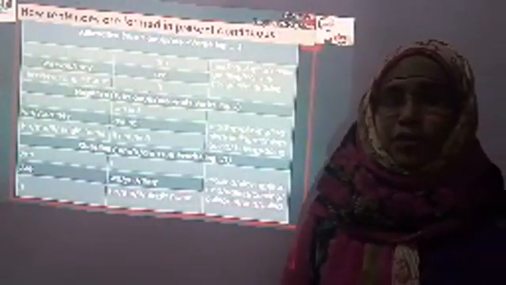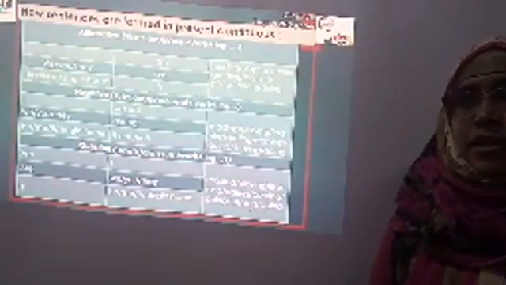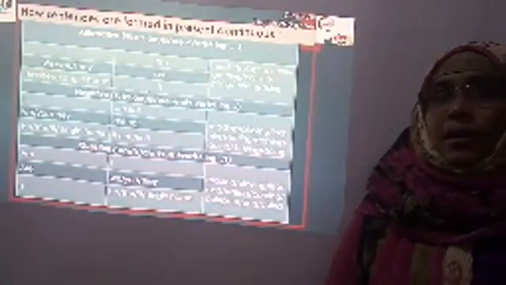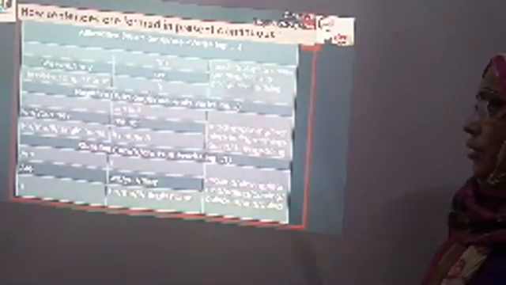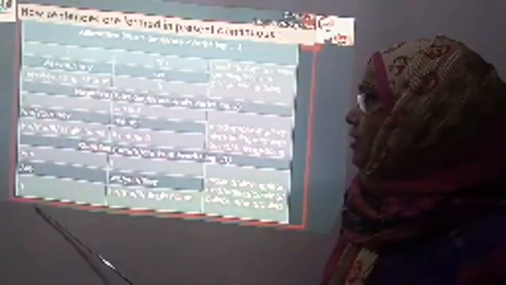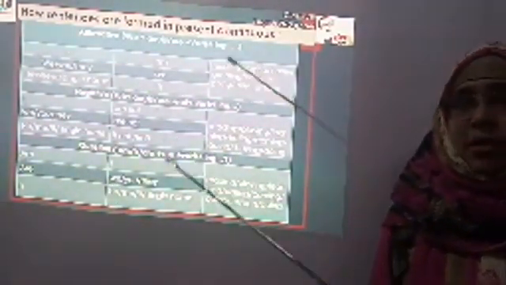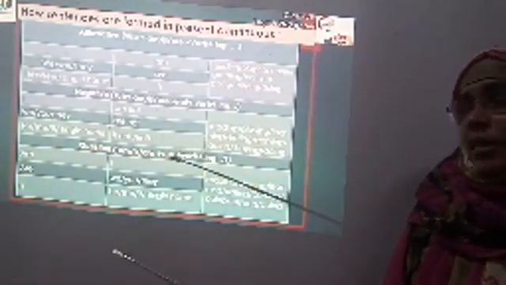In present continuous tense, what are the auxiliary verbs? Yes, students, the auxiliary verbs are am, is, are. So if you make it a question, you start the sentence using the auxiliary verb.